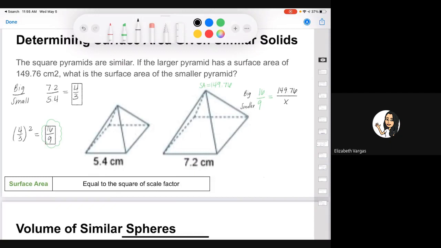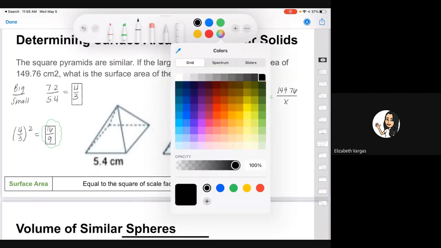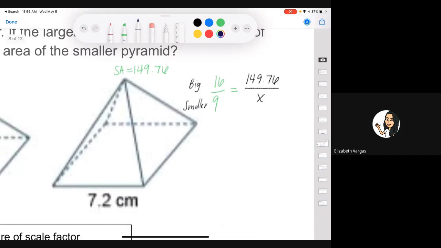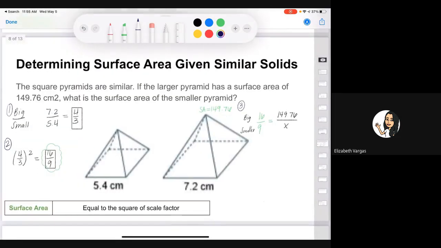So the first thing I did was I identified what is my scale factor, and what is my surface area going to change by. And now, using that information, now that I know what my surface area will change by, I can go ahead and identify my smaller surface area.